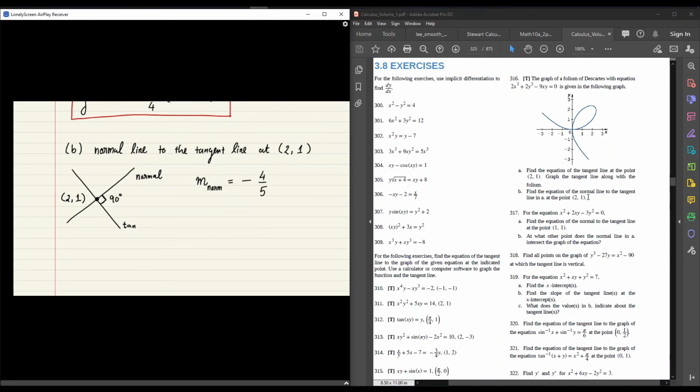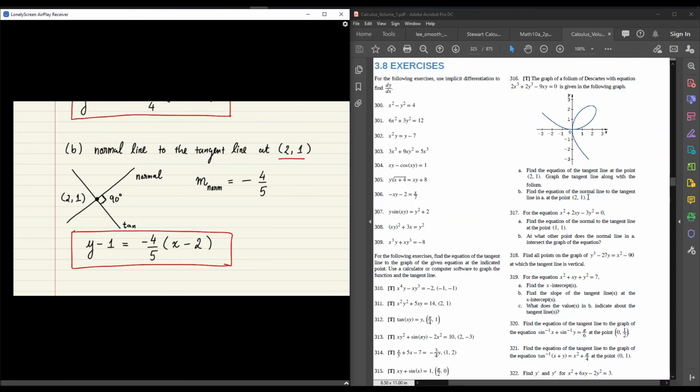So we can write the equation of the normal line to be y minus y1, which is 1, equal negative 4 over 5 times x minus x1, which is 2. And this is the equation of the normal line to the tangent line at this point.